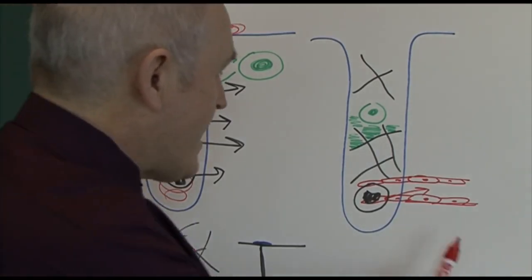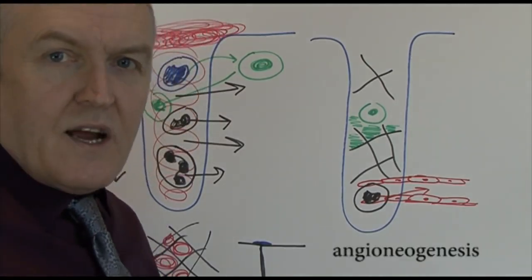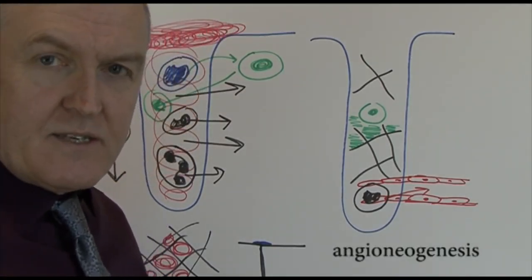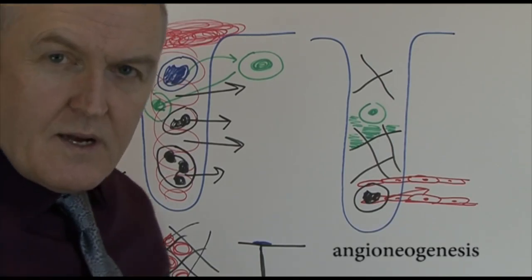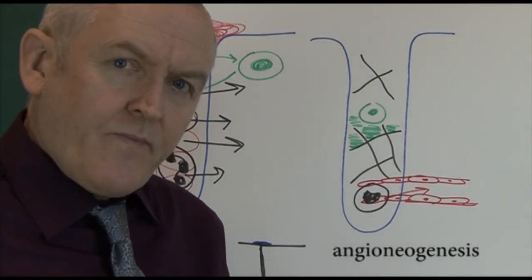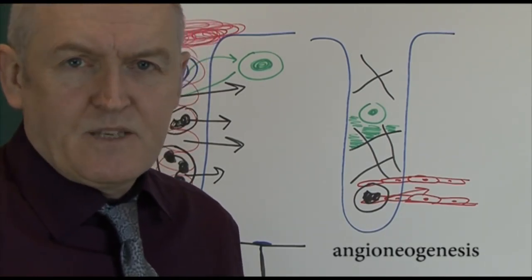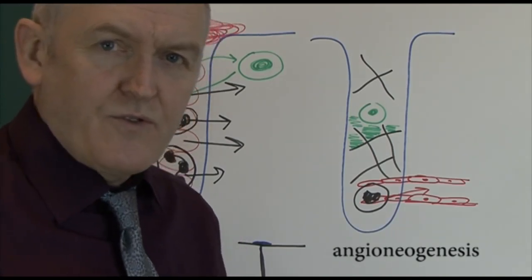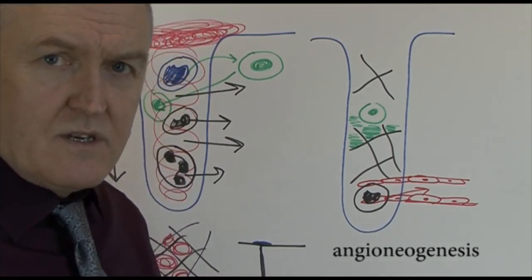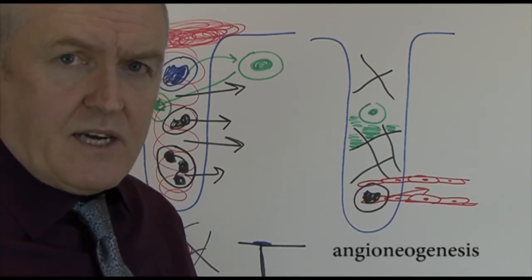And the process whereby we get the growth of new blood vessels is called angioneogenesis. Angio means to do with blood vessels. Neo means new. Genesis means beginning. So it's the growth or the beginning of new blood vessels. Some books just call it angiogenesis. They leave the neo part out.